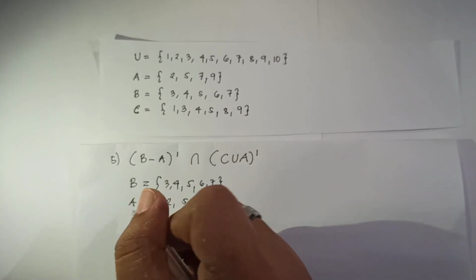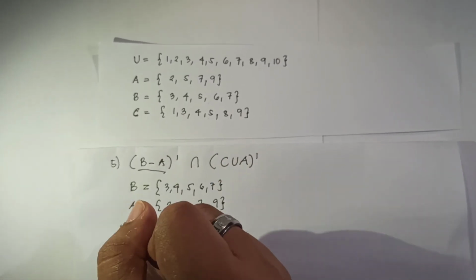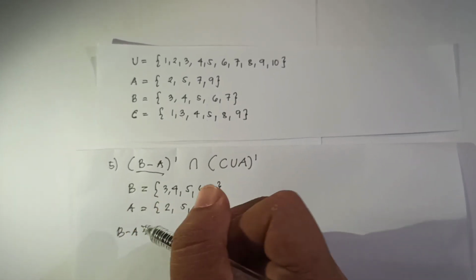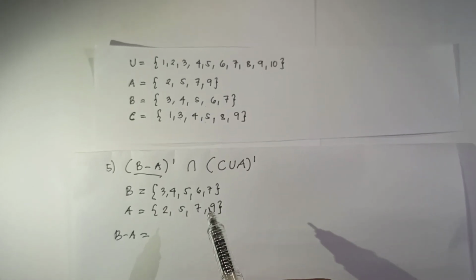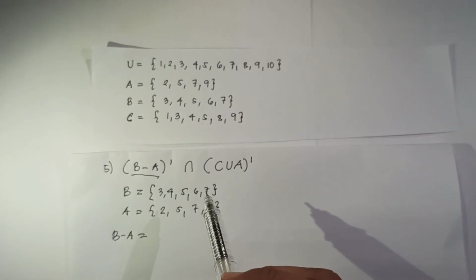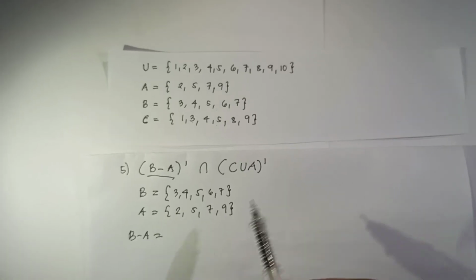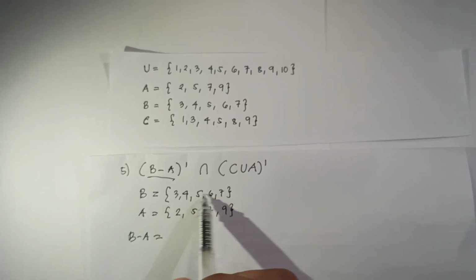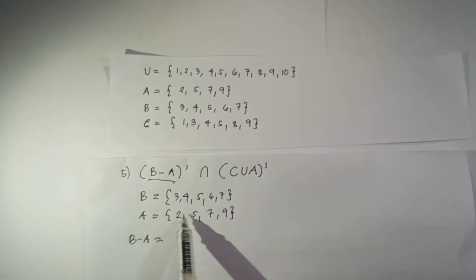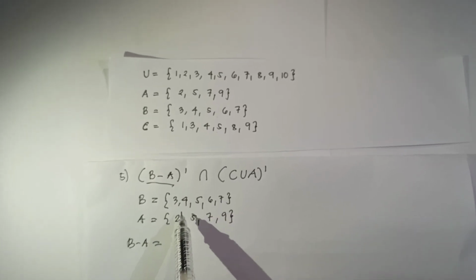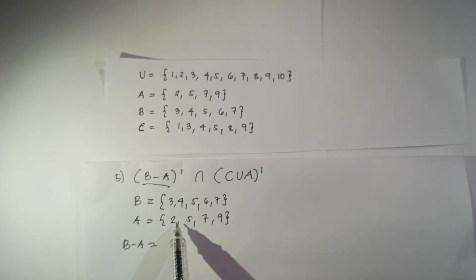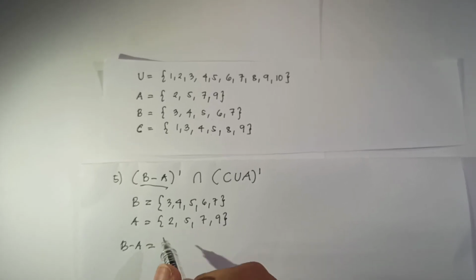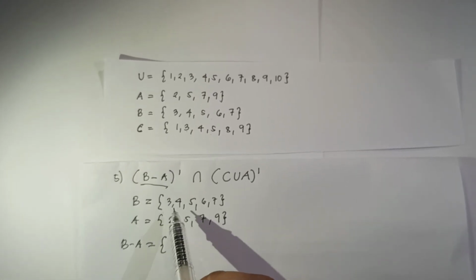So first, we are going to solve B minus A. So focus, what is all element of B that do not belong to A. So dapat isulat natin ang all element focus sa B will not focus to A. Pero kapag mayroon sa A, so hindi natin isusulat. So, we have here 3.